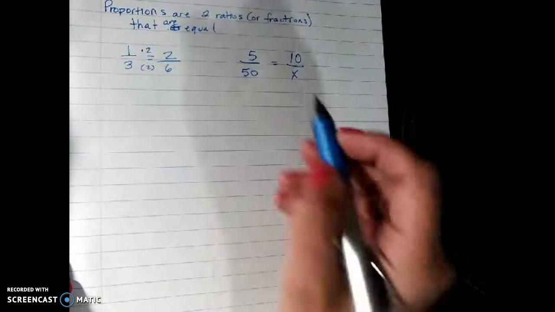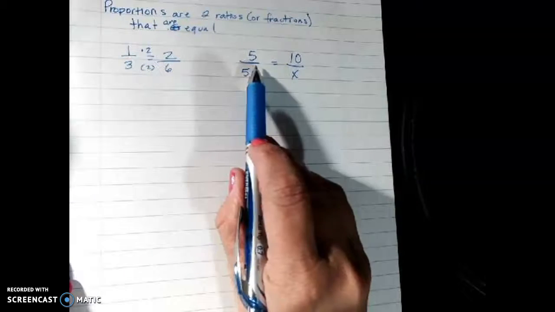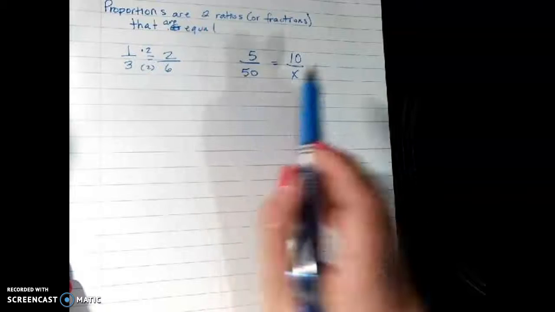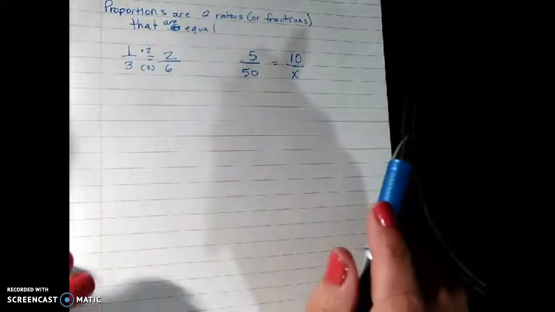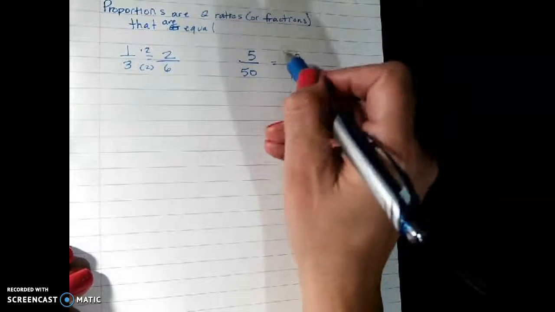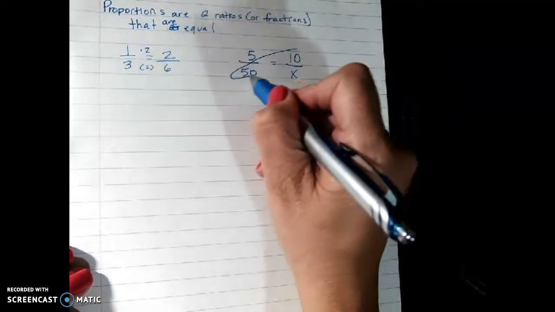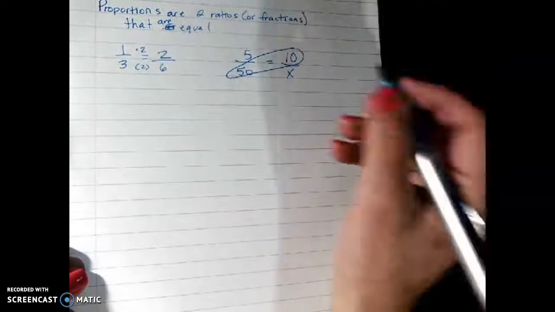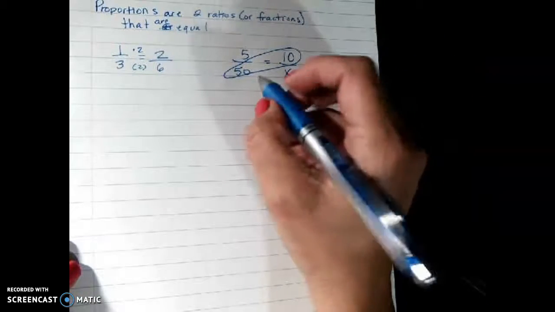I can figure out what 5 times what gets me 10, and then divide, but I'm going to show you one way so you don't get confused. All right, so the first thing you're going to do is multiply the two numbers that are diagonal from each other. So you're going to cross multiply.